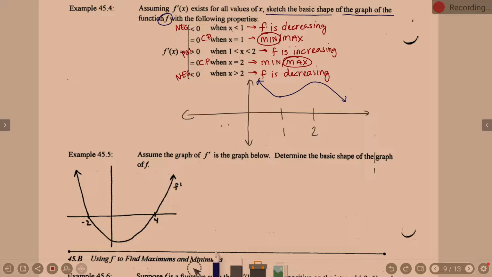A graph that has a minimum at x equals 1 and a maximum at x equals 2. This isn't the only option for the graph, but this is the basic gist of it. Questions there?